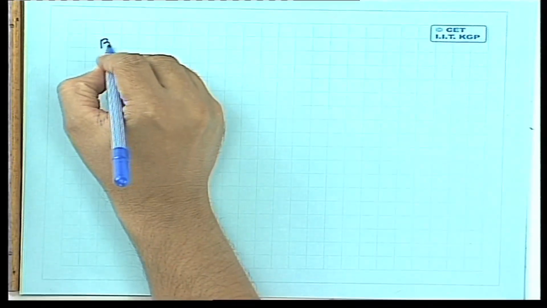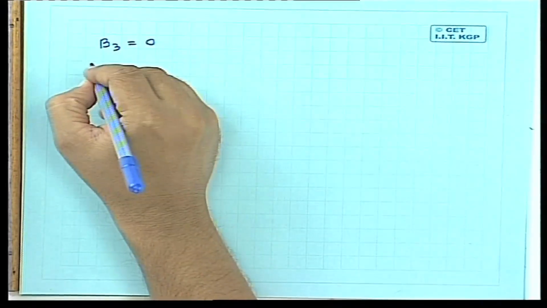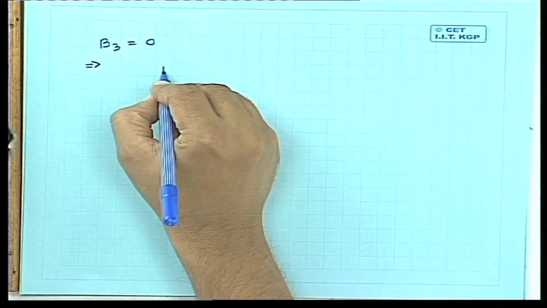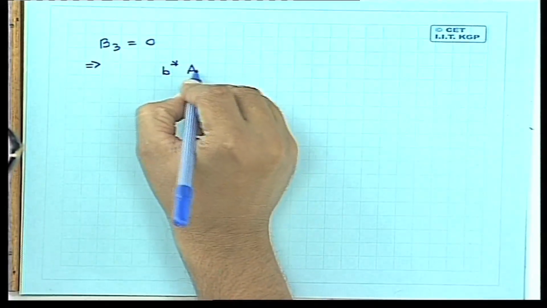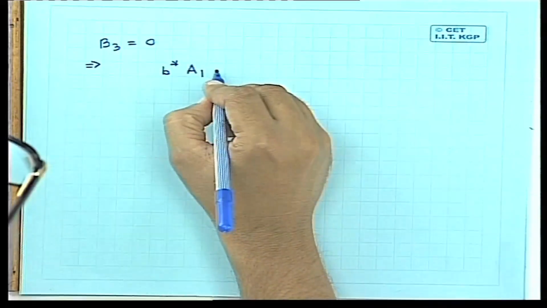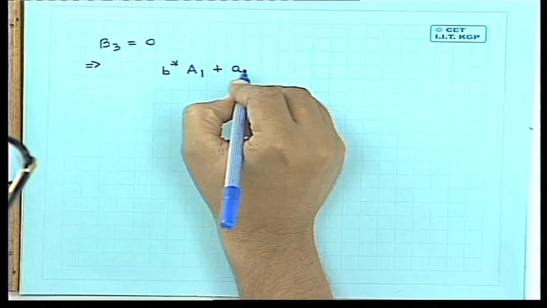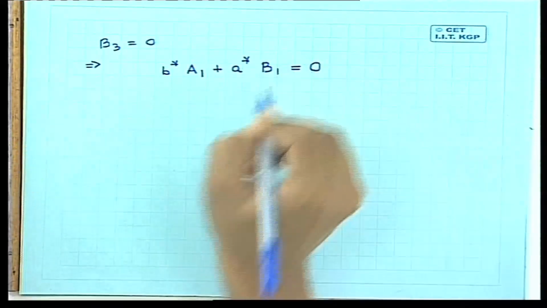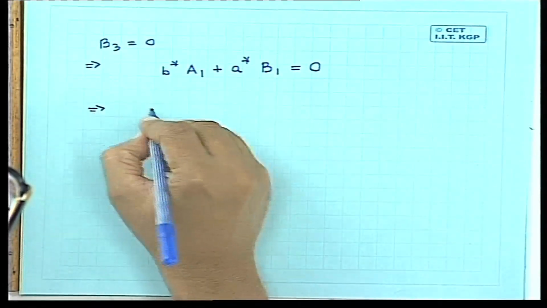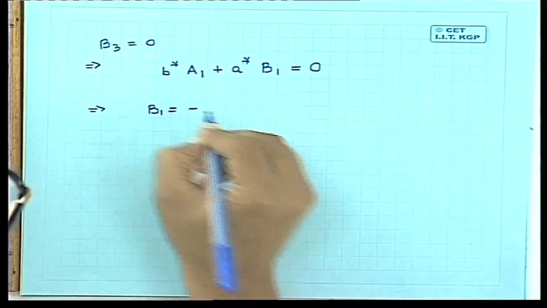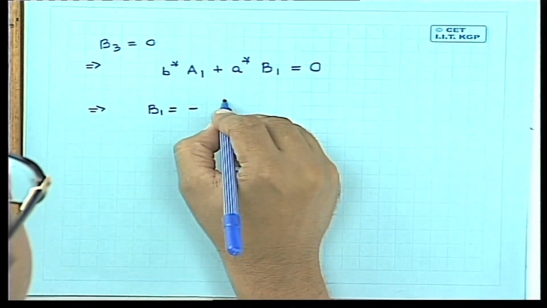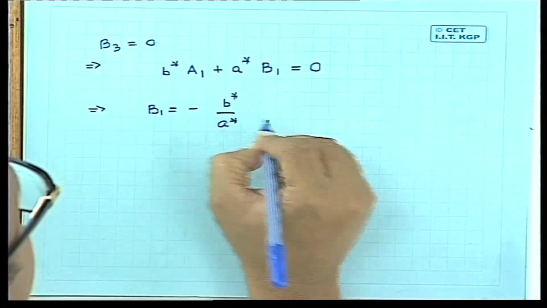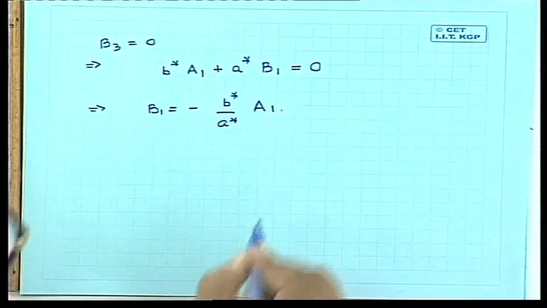So let us put it down. B3 equal to 0 implies B star A1 plus A star B1 is equal to 0, which implies that B1 is equal to minus B star by A star A1.